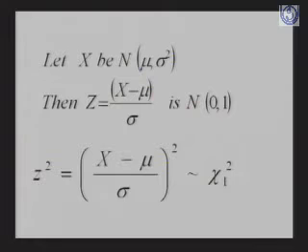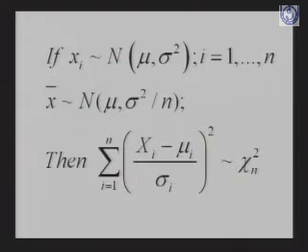Square root of variance is the standard deviation. And also we know that if we square this random variable z, that is z square, it yields another distribution which we call the chi-square distribution with 1 degree of freedom.